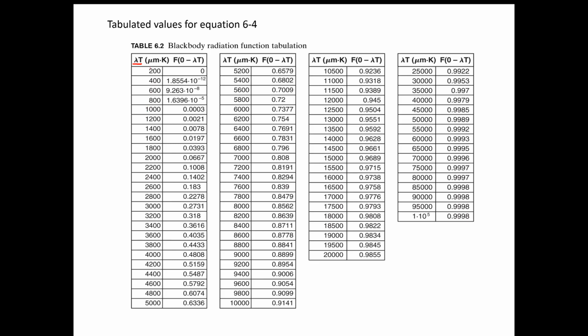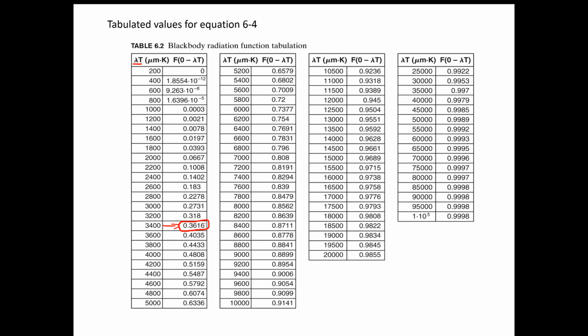Let's say the value you calculate is 3,400. You would then read the second column of the chart, which represents the fractional percentage. So the fraction of thermal energy between a wavelength of 0 and that value lambda at temperature T would be, in this case, 36.16%.